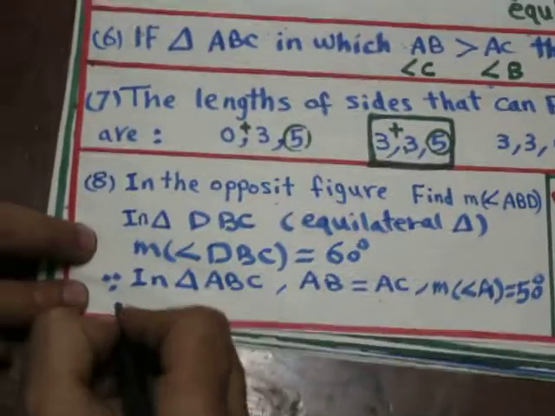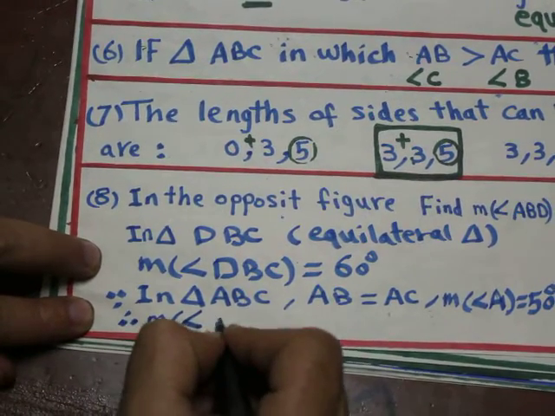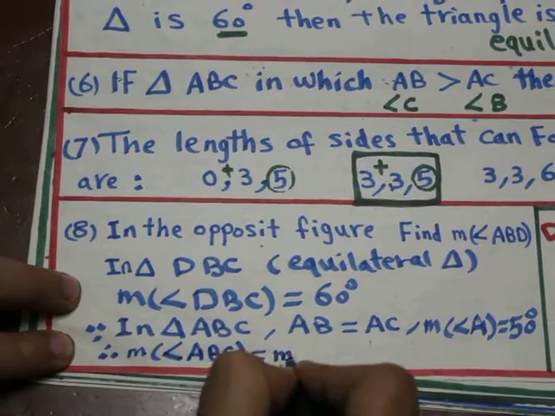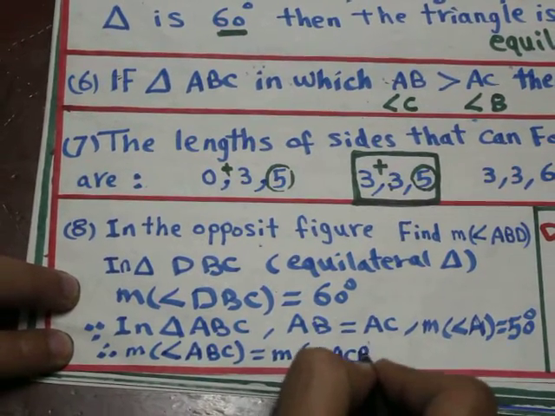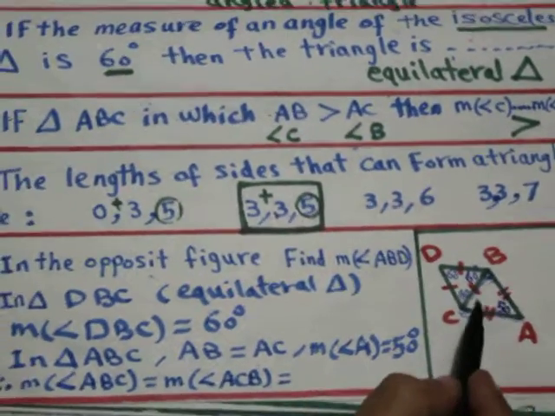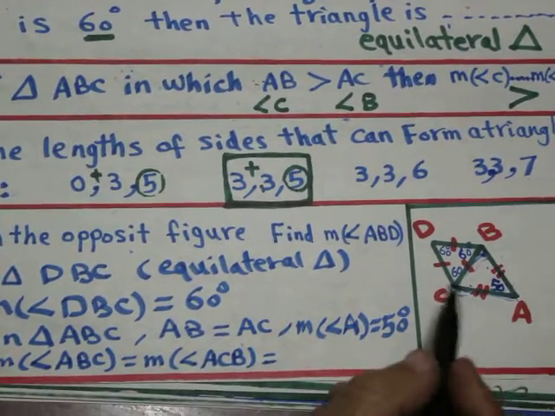Then we write the measure of angle ABC equals the measure of angle ACB equals, you know that the sum of measures of the angles of any triangle equals 180 degrees.